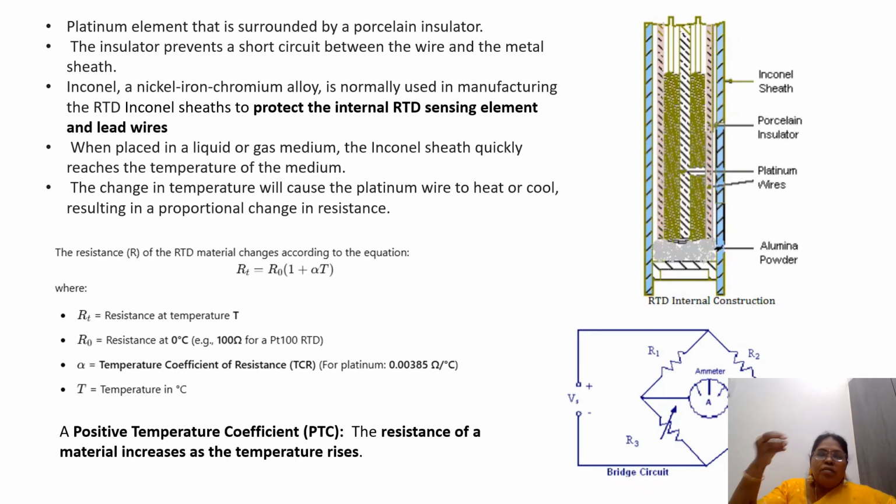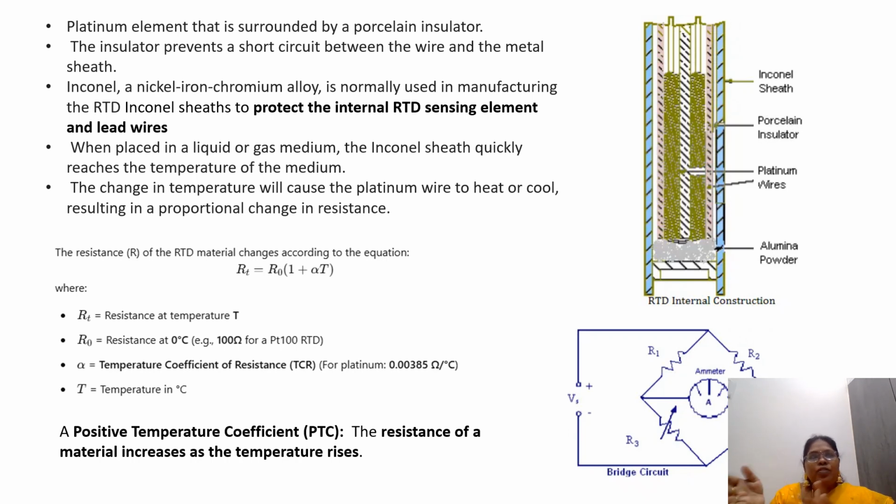You can have different types of RTDs. When you place it in water and the temperature increases, what will happen? This is to be inserted in the water. As the property of the platinum changes with heating or cooling, there will be a change in the resistance.